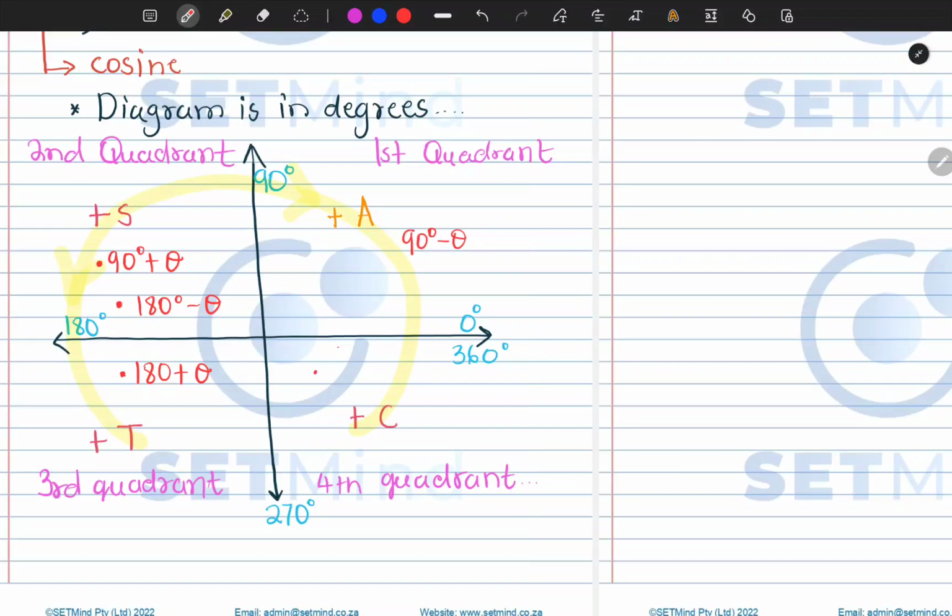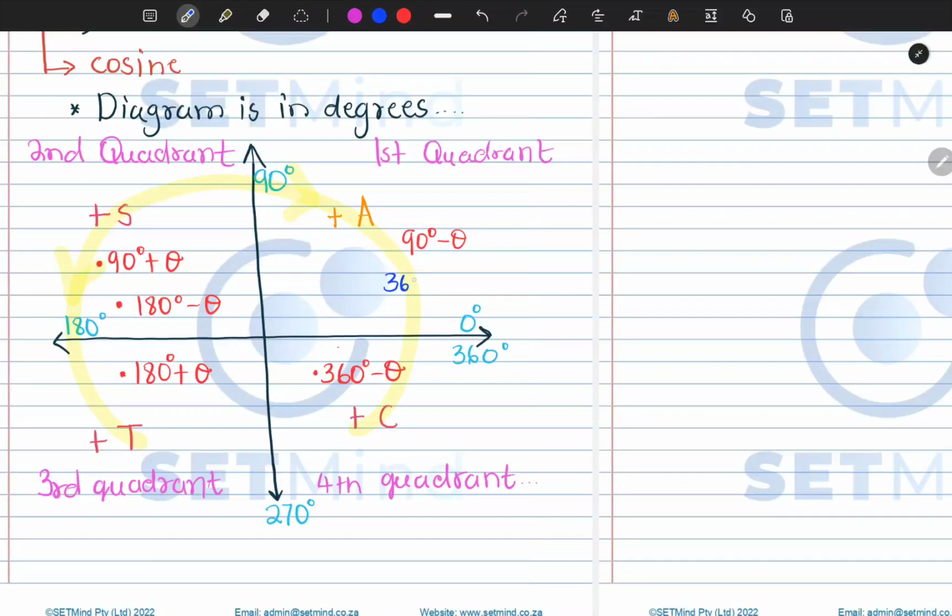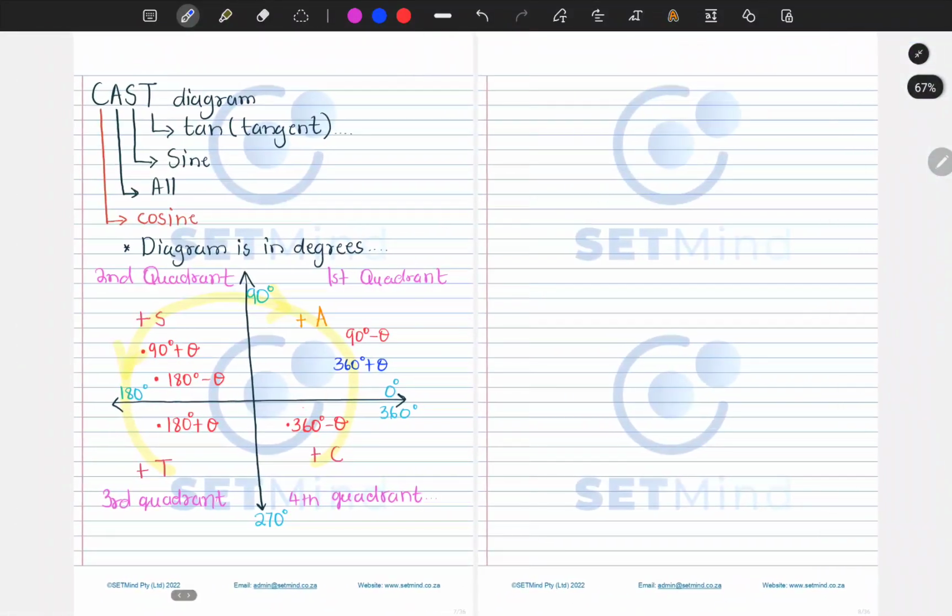And when we see 360 minus theta, we are speaking of the fourth quadrant. Then on the first quadrant, we also have an angle of 360 plus theta. These are the most important angles which will help you identify the quadrants. This is our CAST diagram in degrees.